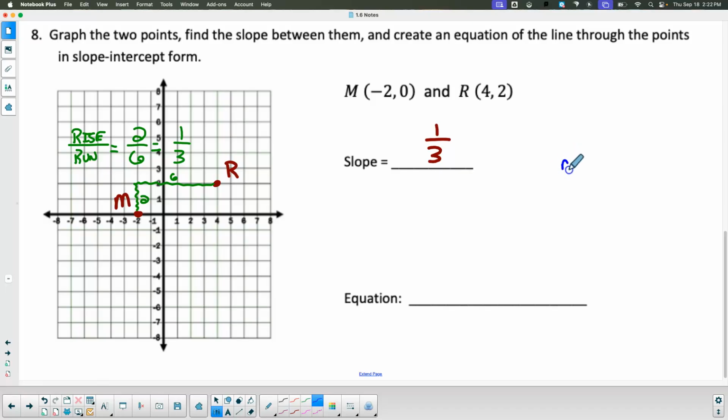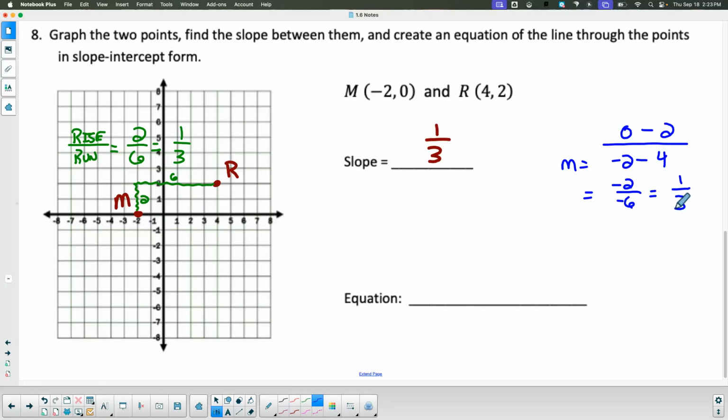Y's on top, so we're going to go 0 minus 2, and we're going to go negative 2 minus 4. And that's going to give us negative 2 over negative 6, and I'm going to divide both of those by negative 2, and I'm going to get 1/3. Yep, and I get the same thing.